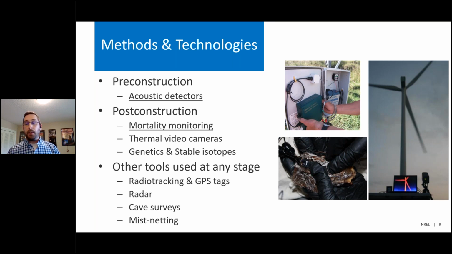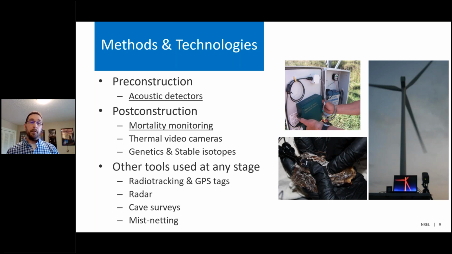But in the pre-construction stage of development, the workhorse has been the use of acoustic detectors to understand bat activity, presence, patterns of activity such as seasonality and weather conditions when bats are more or less active. In the post-construction setting, our data predominantly comes from mortality monitoring and has provided a wealth of information, but in some respects can be limited.